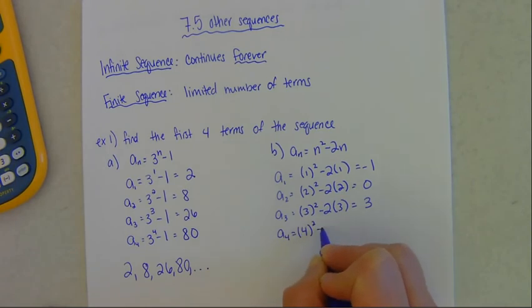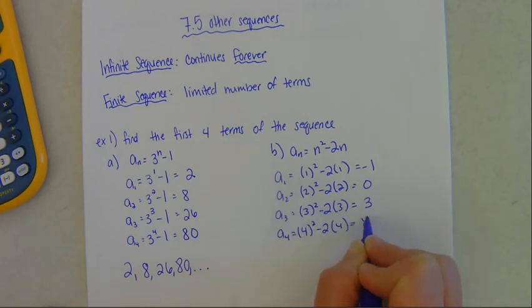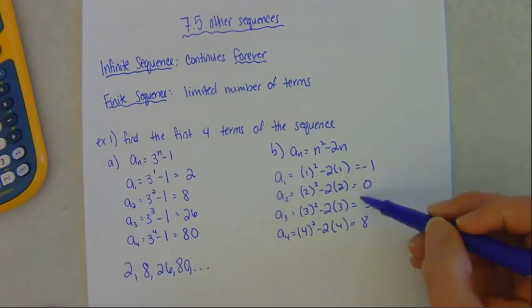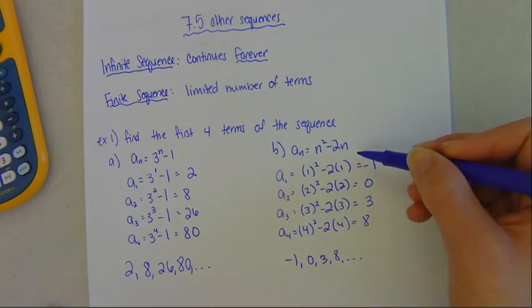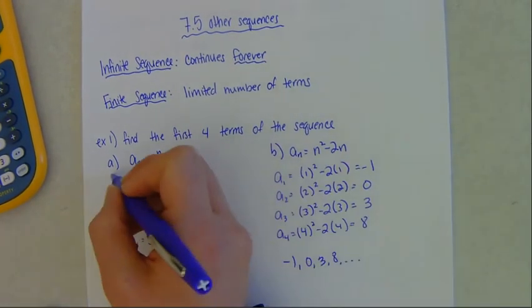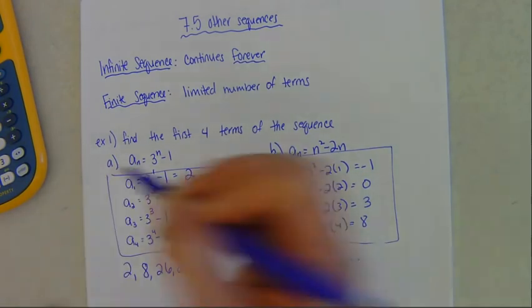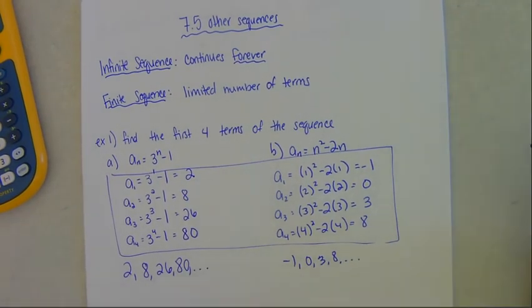So 4 squared minus 2 times 4. So again, this is going to be the pattern of numbers that I give you, and then you're going to have to turn it into that rule. This right here is just refreshing your memory that we're going to be finding different patterns. The way that you find the terms is by plugging numbers in.